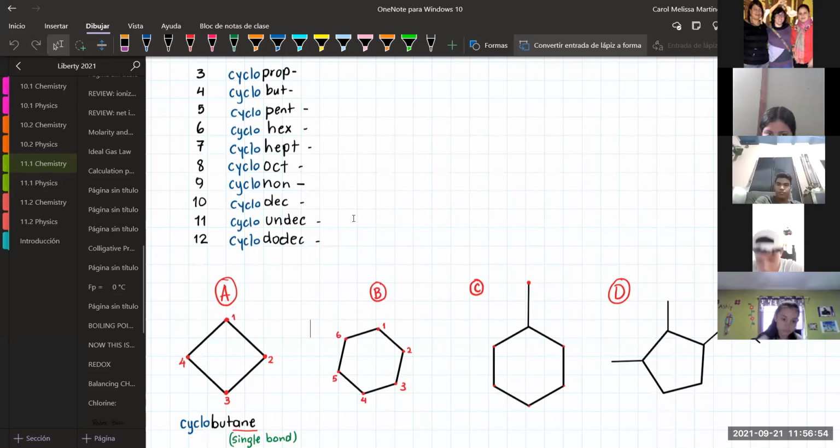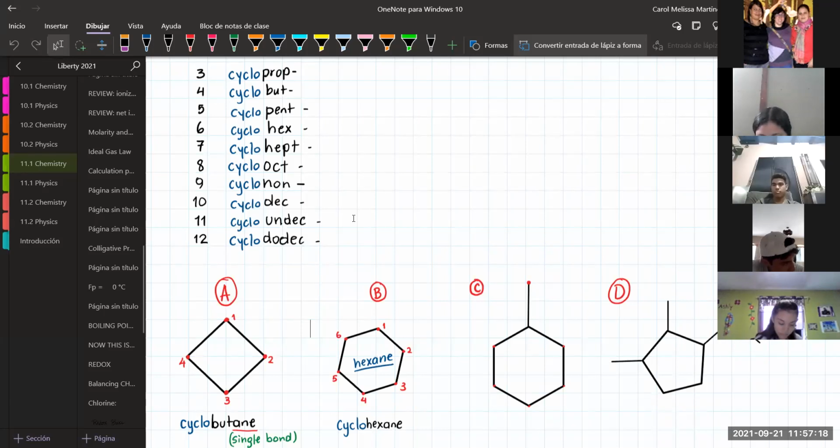Cyclohexane. I mean, just the figure is called hexane, but the name of this cycloalkane is going to be the prefix cyclo, and then hexane.